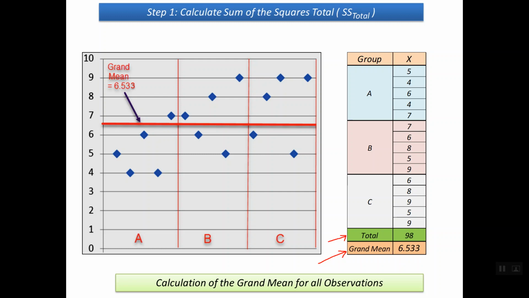So the red line in the diagram shows the grand mean, which is equal to 6.533.